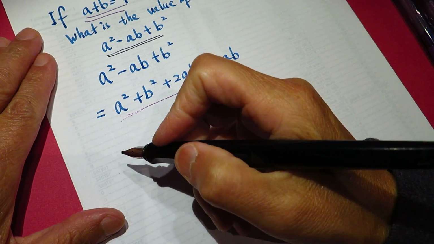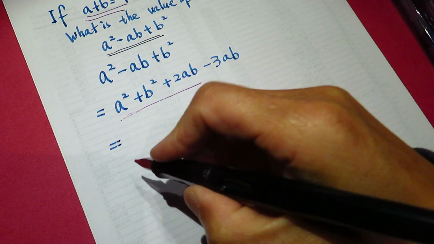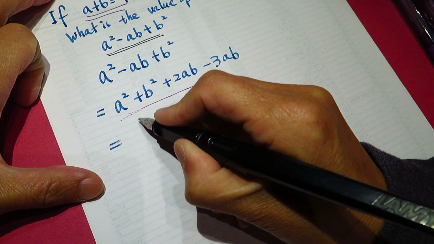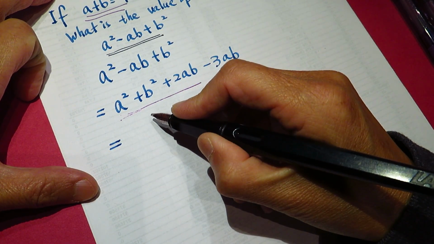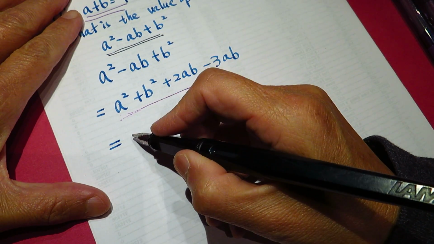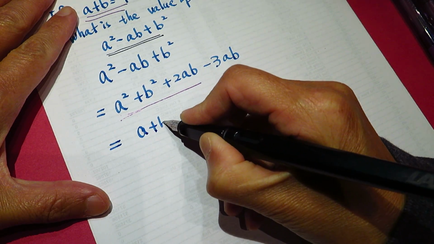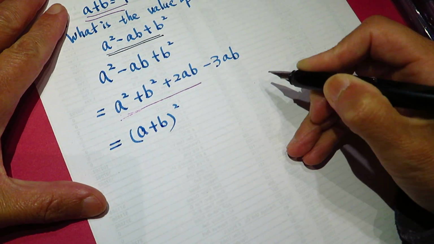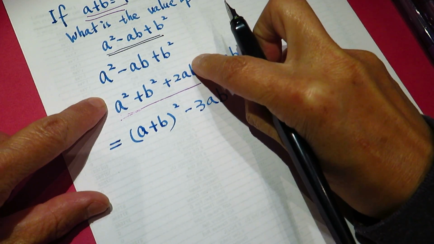So when you see this, in your brain there is a formula. This a squared plus b squared plus 2ab, you will always remember it, it's (a plus b) squared, right? Minus 3ab.